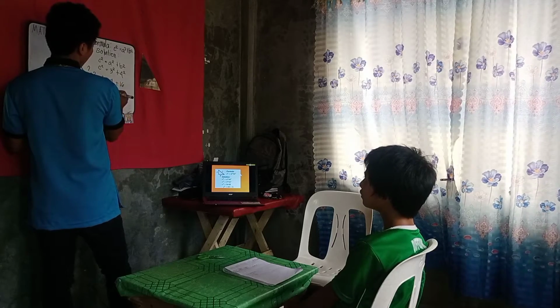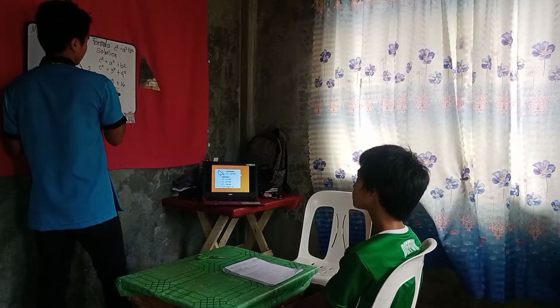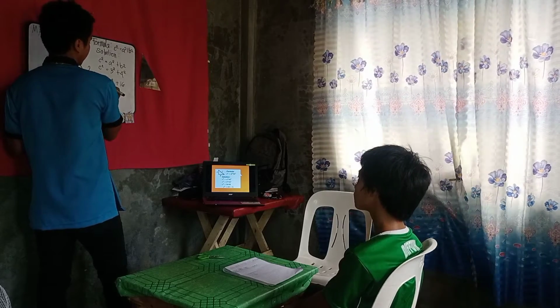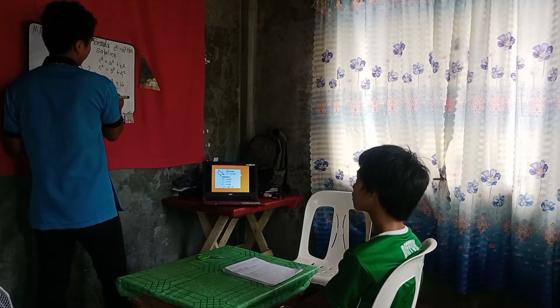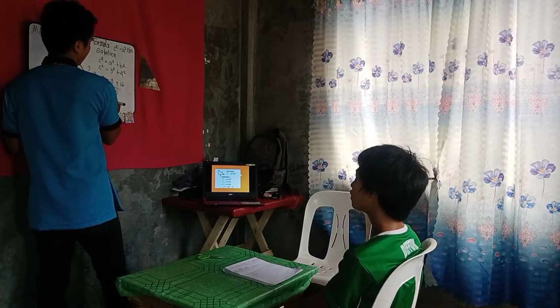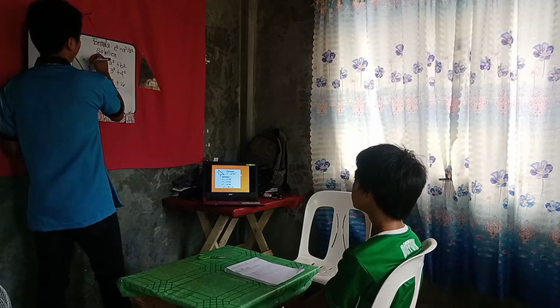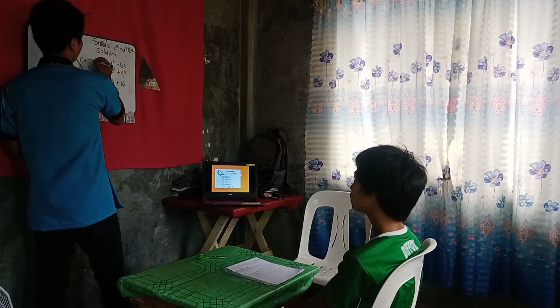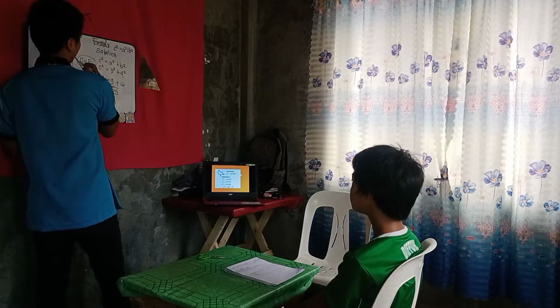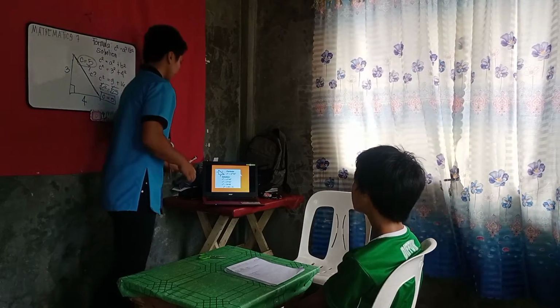Taking the square root of both sides, C is equal to 5. Meaning to say, the measurement of our hypotenuse is equal to 5. Is that understood? Yes, sir.